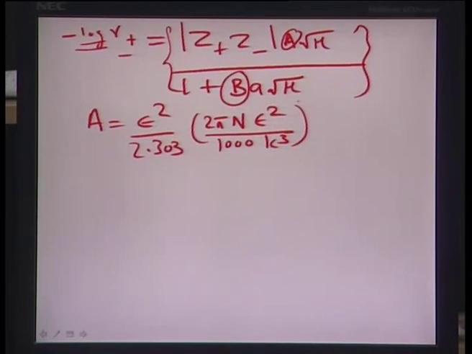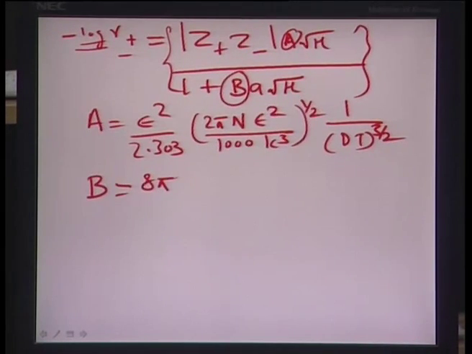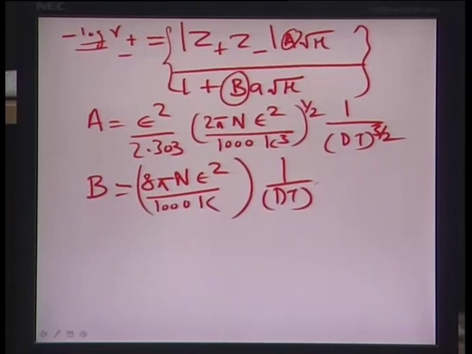So, this raised to the power of half times of 1 by dT to the power of 3 by 2. That is how the a can be represented, and the B in this equation can be represented as 8π N ε² by 1000 K, okay, times of 1 plus dT to the power half.